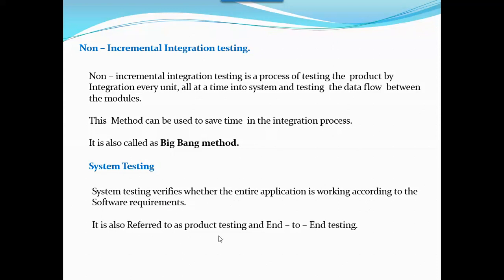Sometimes people call it product testing, or end-to-end testing, or E2E testing. So whenever they say that, you need to check completely end-to-end. Don't worry, I told you, the testing team will be there. In system testing, they divide the modules and based on those modules we need to test.